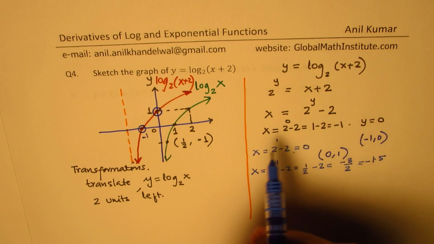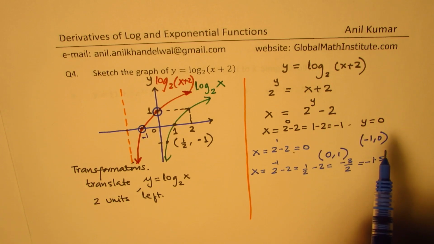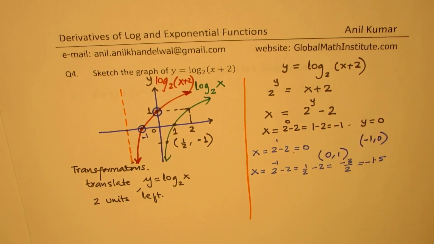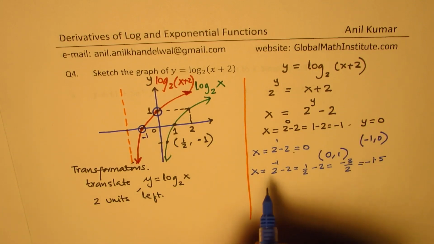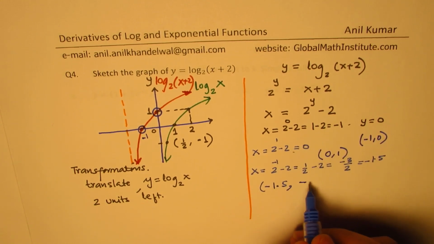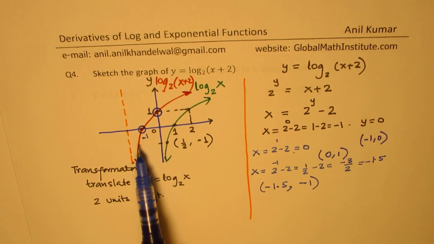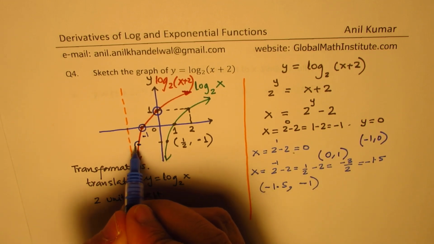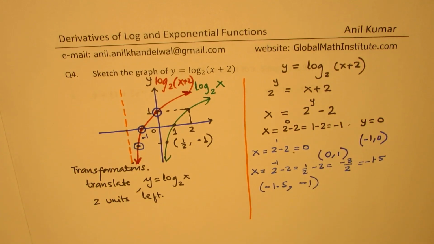So at x equals -1.5, the value of y is -1. So we have moved this point, which was at half, 2 units left. We did the reverse calculation to find the points, writing the function in exponential form.